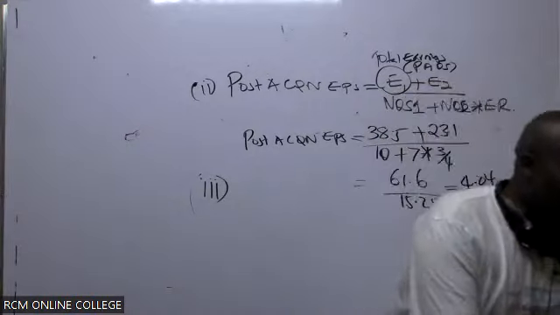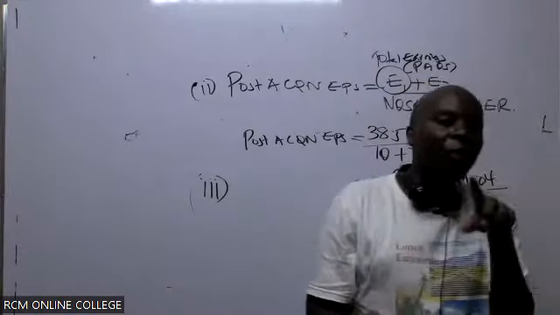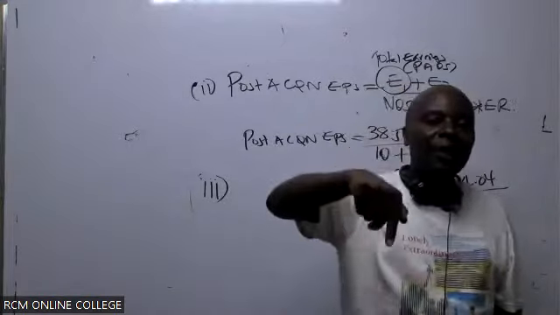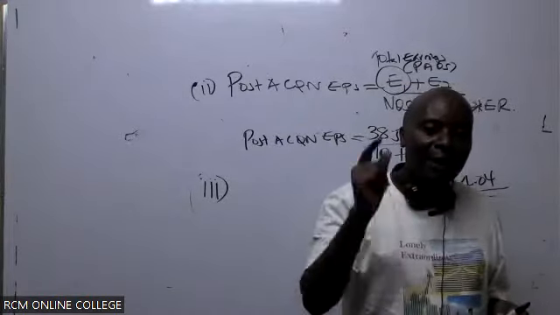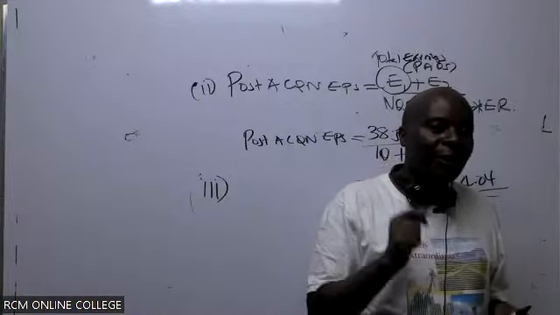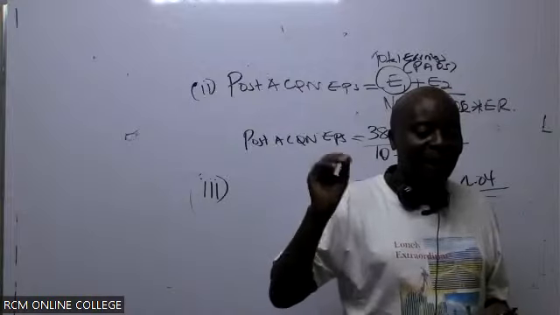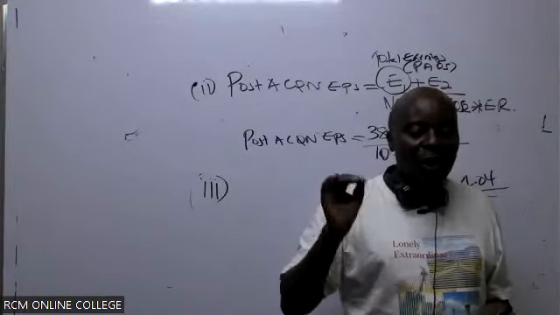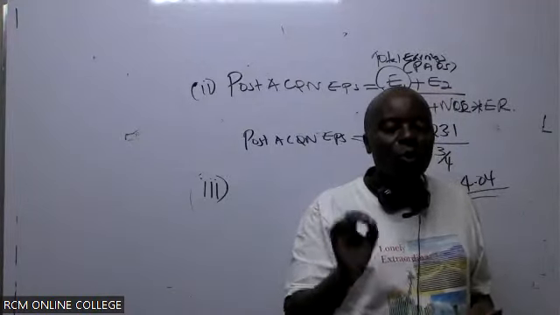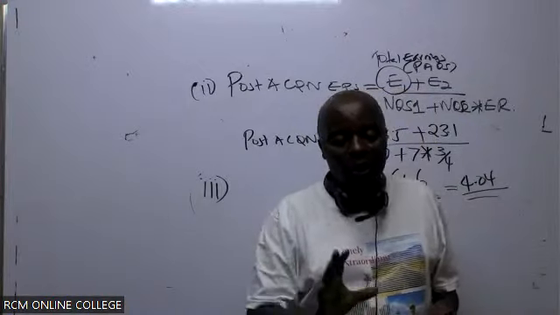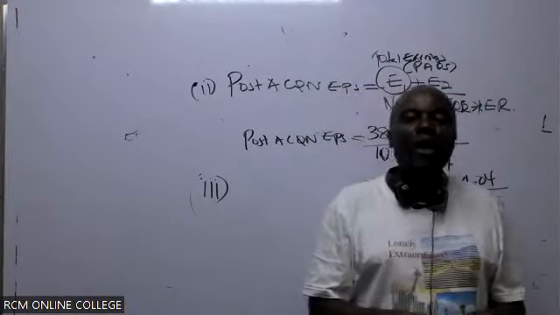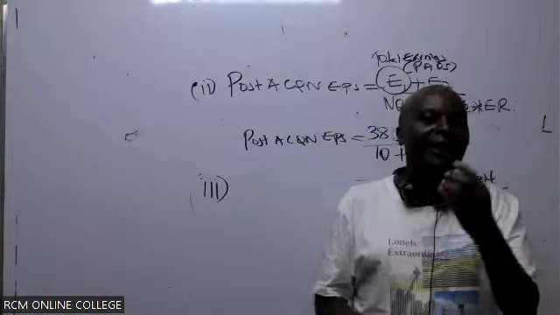So, ladies and gentlemen, here there is a debenture involved, and I gave you a secret. Whenever a debenture is involved, whenever a preference share is involved, there is something I must always remember: the exchange ratio will always be equal to zero.